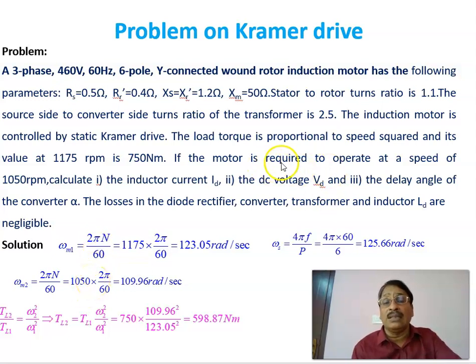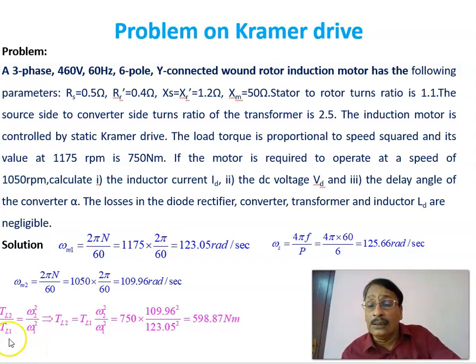Now, in the problem itself, it is said that the torque is proportional to the square of the speed. Therefore, we can say that TL1 divided by TL2 is equal to omega 1 square divided by omega 2 square.